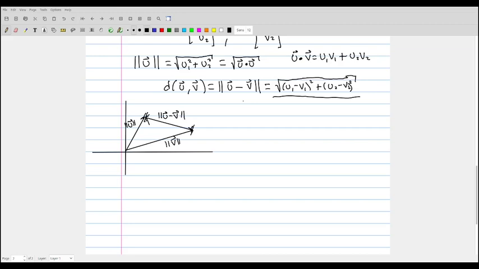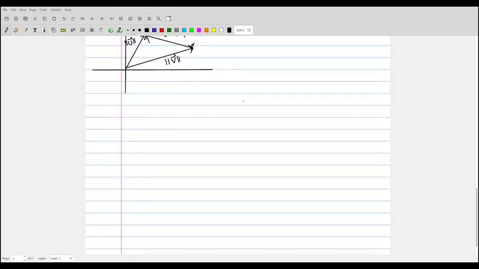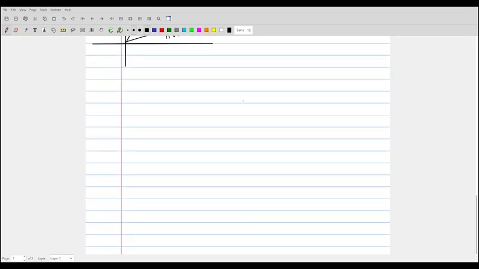This idea is very important to defining how to take the limit of a multivariable function. Again, I'm going to write down this definition for a function of 2 variables, but it extends to functions of 3 variables or any other number of variables.